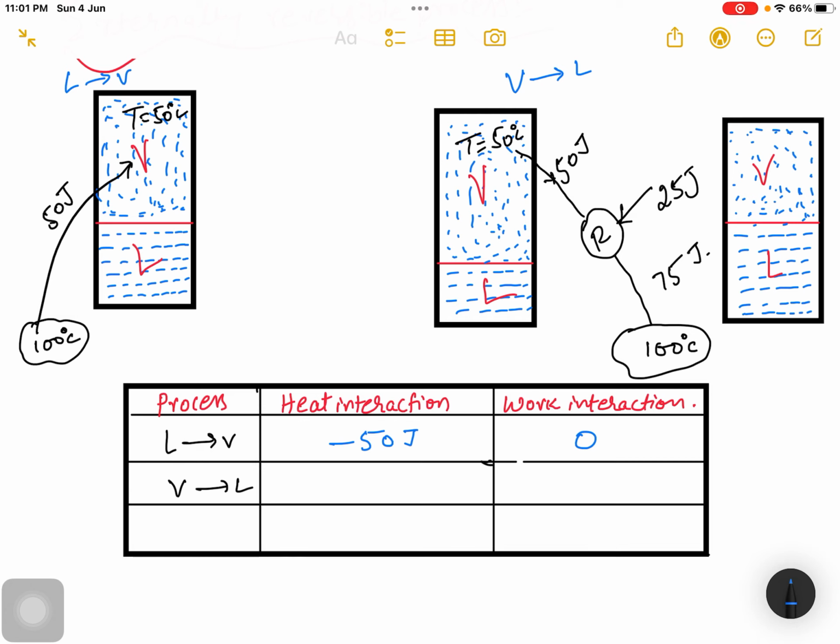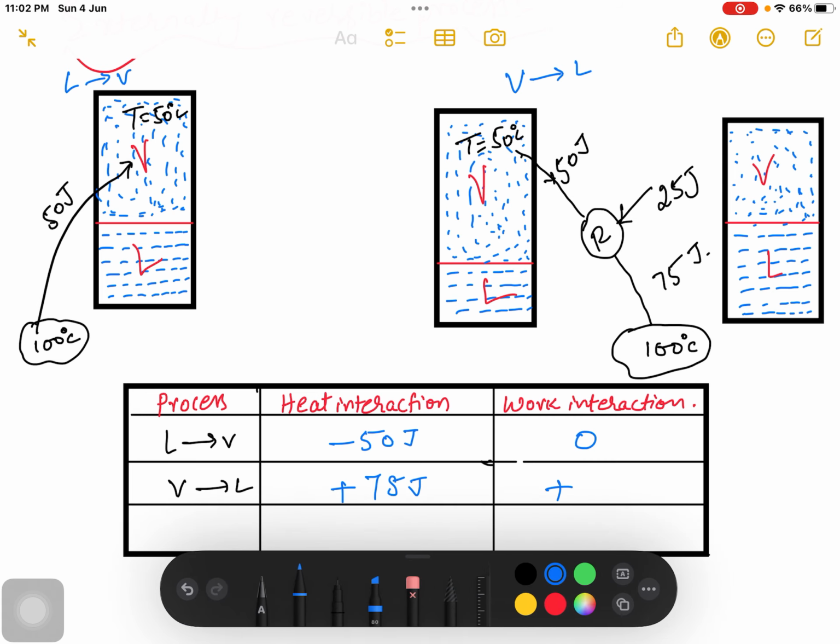In the second process the surrounding is gaining heat of 75 joules, and there is a 25 joule work interaction the refrigerator is consuming.